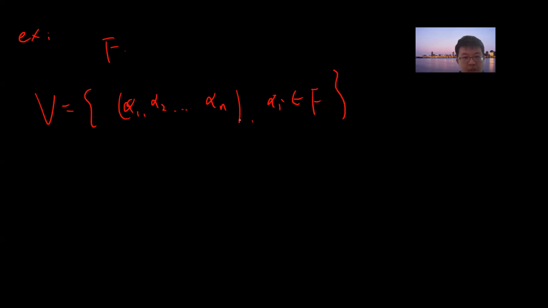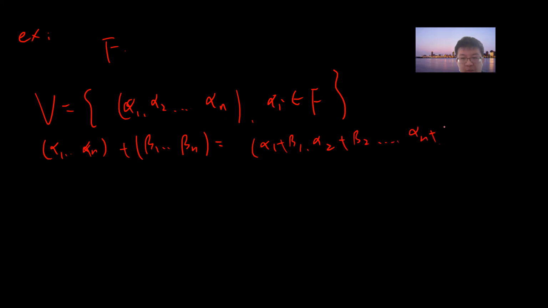Okay, another common example. Suppose that F is a field, and you define V to be the set of tuples (alpha 1, alpha 2, up to alpha n), where all the alpha i belong to the field F. Then you can define a plus: take any two elements, and define their sum as (alpha 1 plus beta 1, alpha 2 plus beta 2, up to alpha n plus beta n).